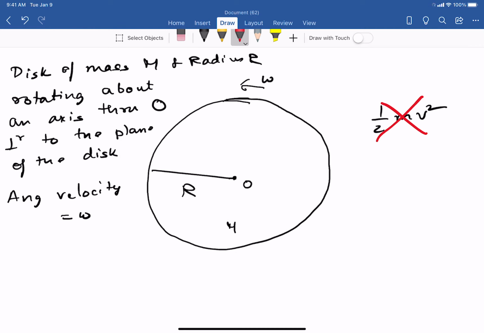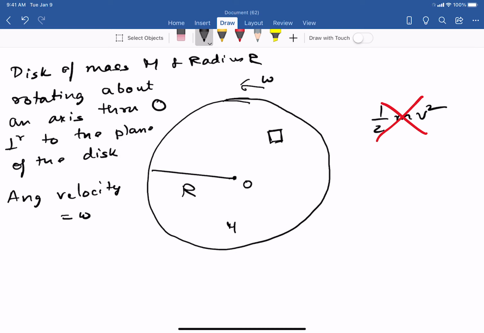So that's not a useful approach. So let's see if we can figure out the kinetic energy of this disk some other way. We're going to use the same reasoning that we used when we derived the expression for rotational inertia. What we did was we broke this object up into small segments, right?